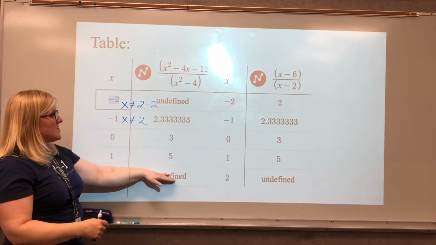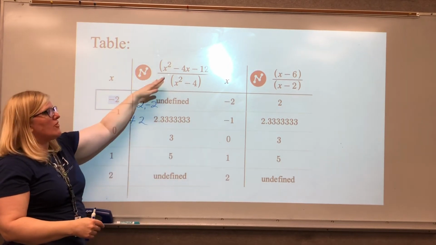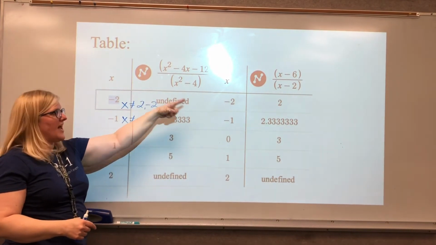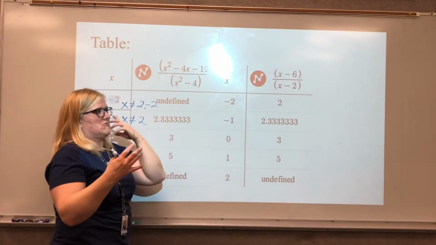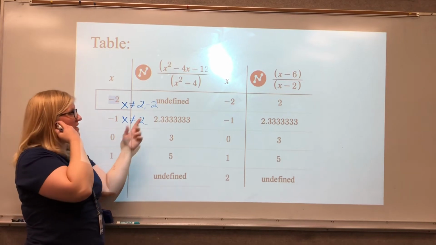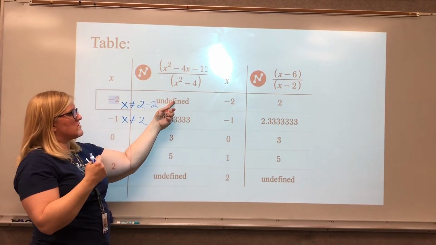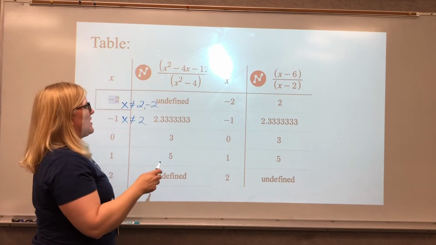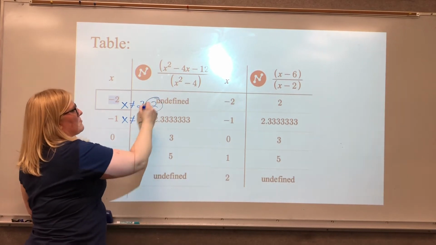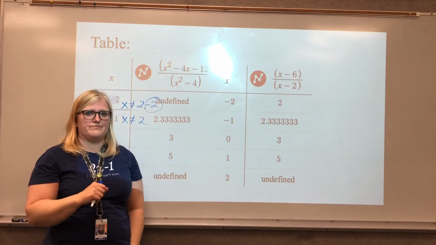Number 2 is undefined for both of them. The one that's different, the one that has different x values or y values, is the one that x can't be. So x cannot be negative 2.